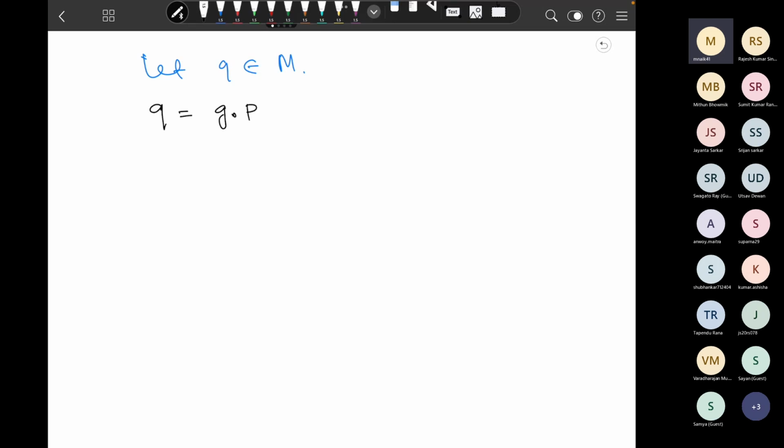We want to define a geodesic inversion at the point q, S_q, and this is the same thing as S_{g.p}. We are given a geodesic inversion at the point p, so we have to use that. If you think for a moment, the natural candidate for S_{g.p} is g composed with S_p composed with g inverse.